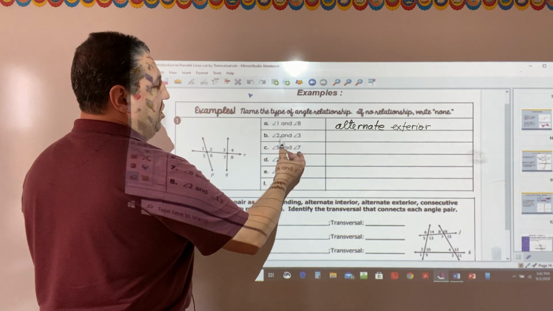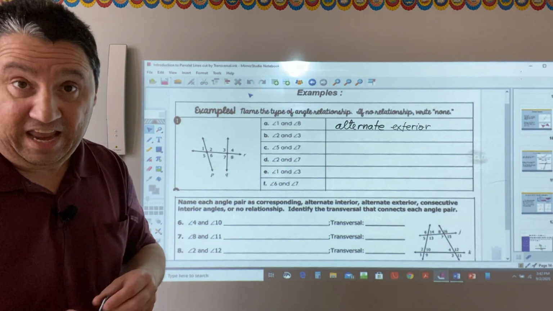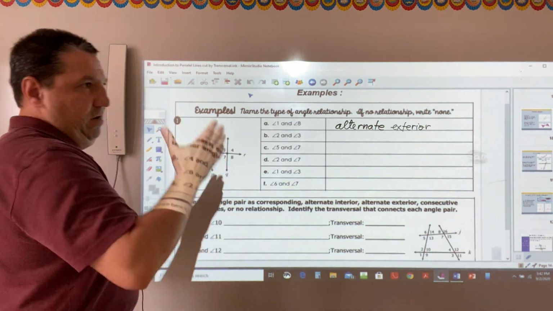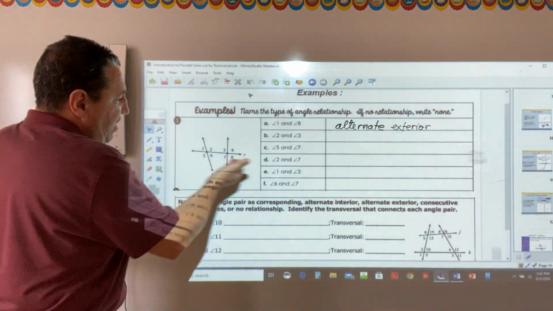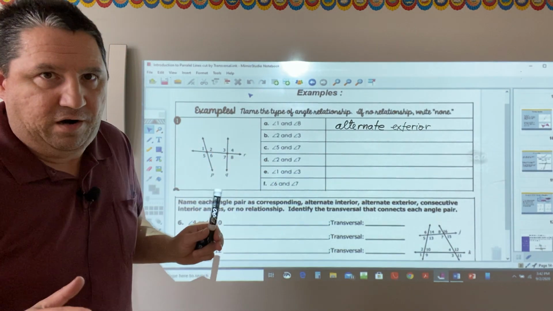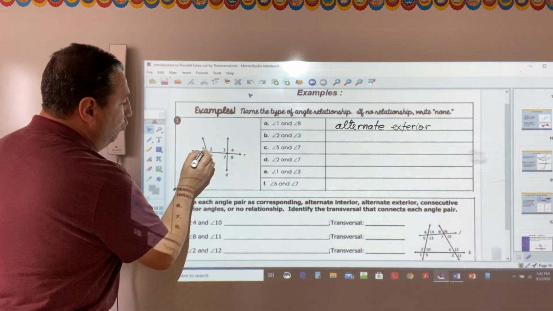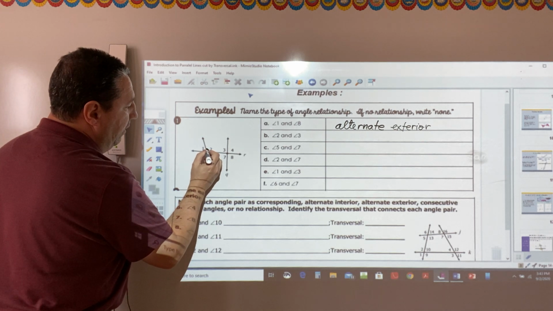Find the relationship between angles 2 and 3, or find their name. So, first, we know the transversal is line R. Now, we mark the angles 2 and 3.